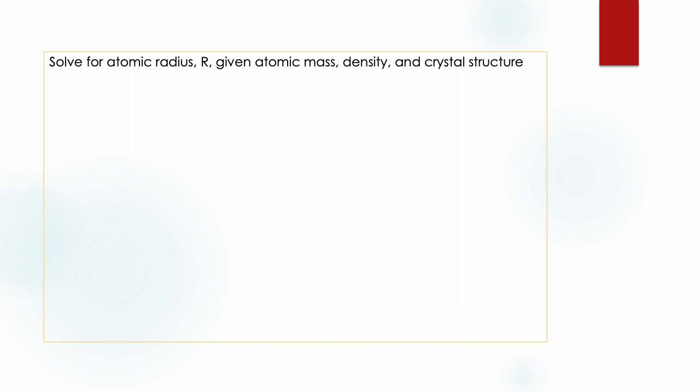So let's pretend we've got a material that has atomic mass of 25 grams per mole and a density of 8 grams per cubic centimeter. And we'll do a BCC crystal structure, and we're solving for R.